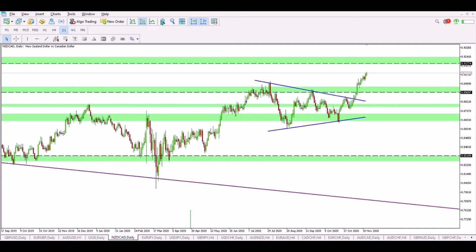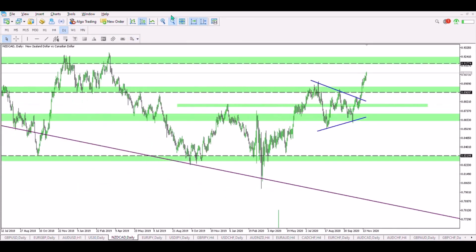So I got scared. I thought that we'll correct here, and if it happened I would also be profitable, because I was planning to buy again from the support and to see this continuation to the upside. Unfortunately, such a correction didn't happen.